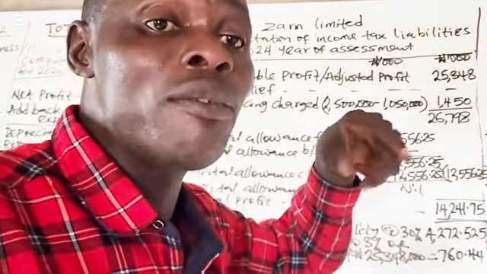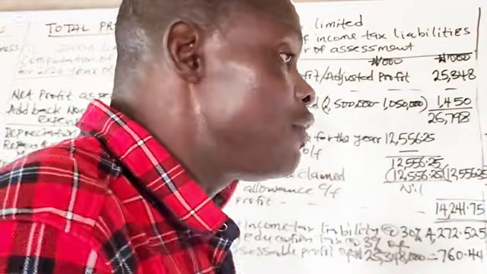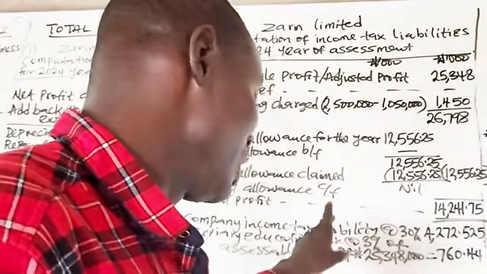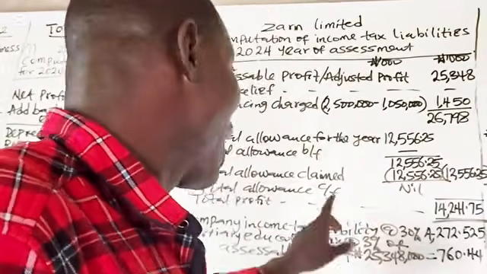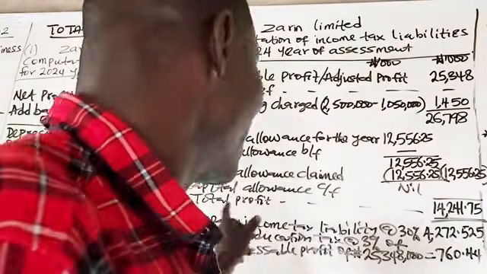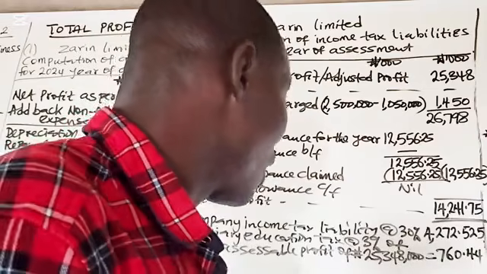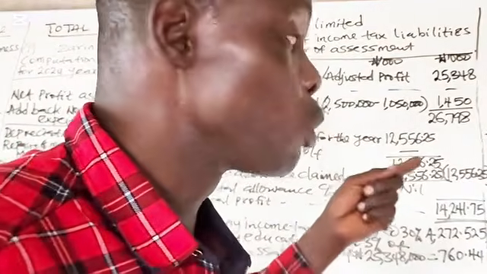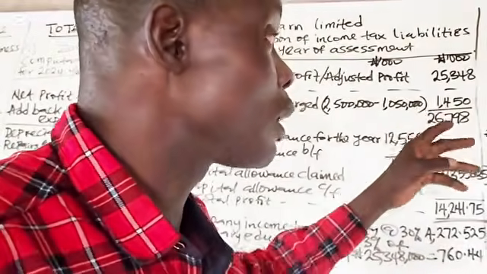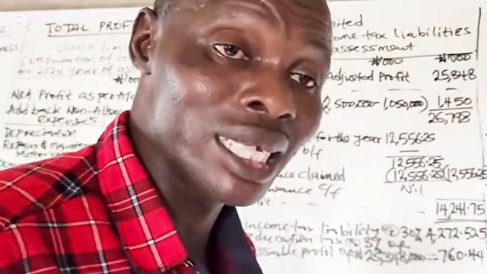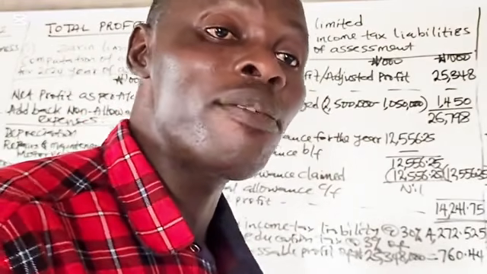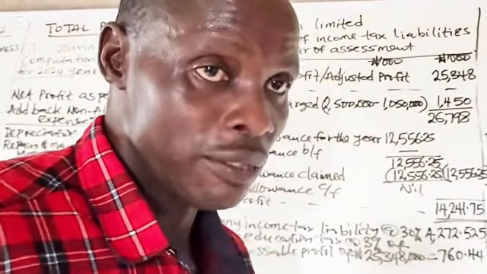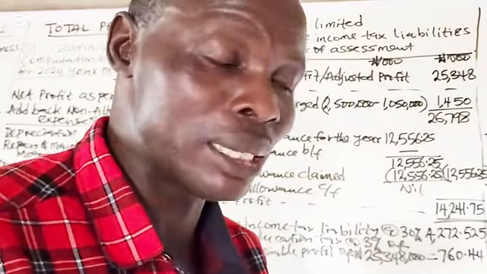And I've also told you that the investment allowance on plant and machinery was included because it was bought on 1st of January 2023. And it is from September 1st, 2023 that the Finance Act 2023 removes the investment allowance. Please bear all this in mind.